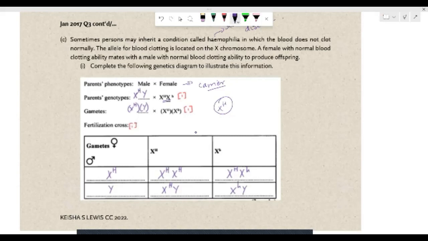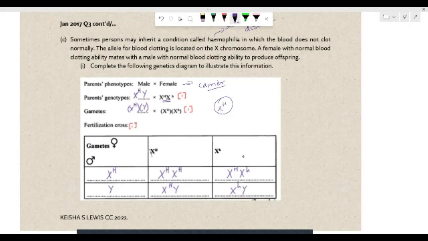Now, usually with my students, I would give them a format to use if they are asked to do an entire genetics diagram, and you'd have a consistent format throughout. But if CXC is providing you with an incomplete diagram and you just have to fill it in, be guided by the format that they use, okay? And there you go.